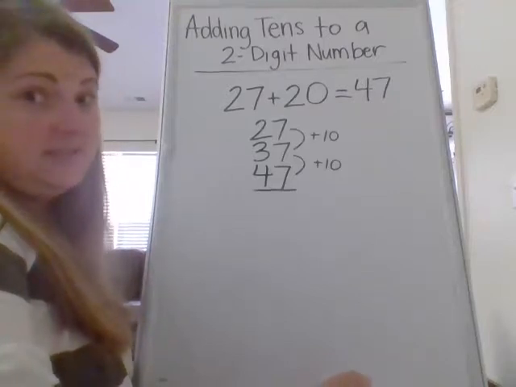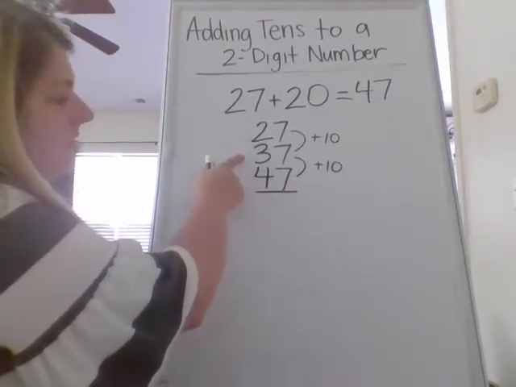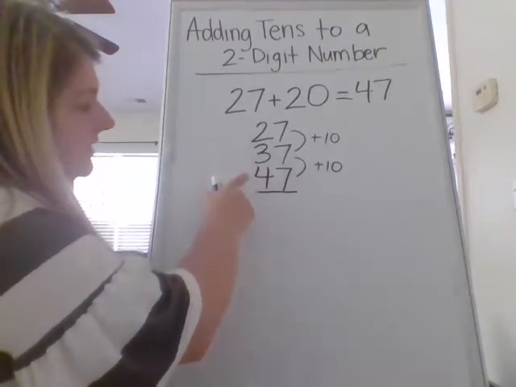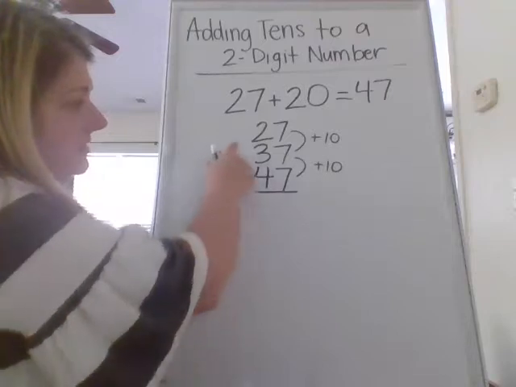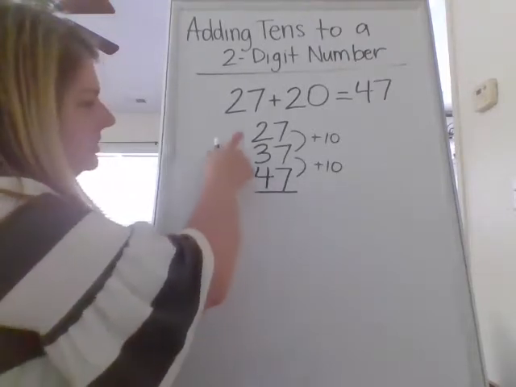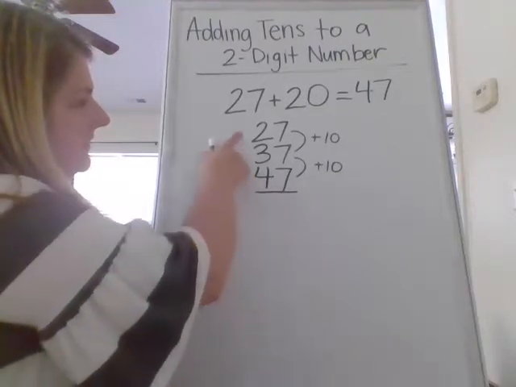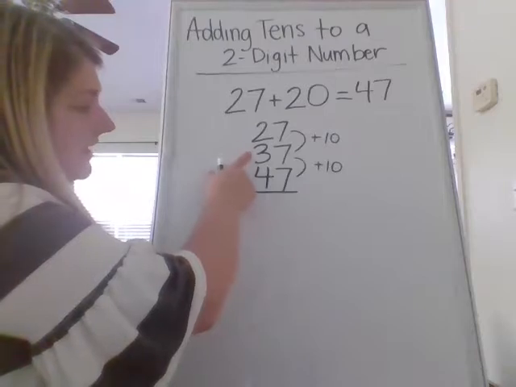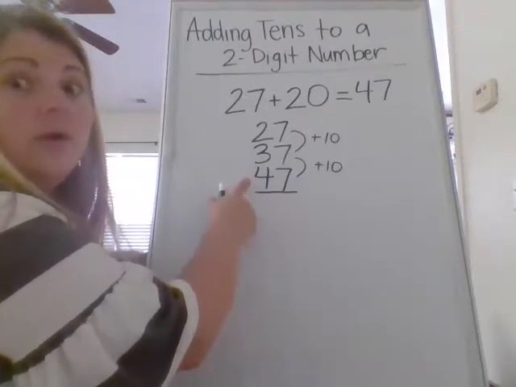So let's check the tens place. 2, 3, 4. 2, 3, 4. Did those numbers change? They did. How did they change? What do you have to add to 2 to get to 3? 1. What do you have to add to 3 to get to 4? 1.